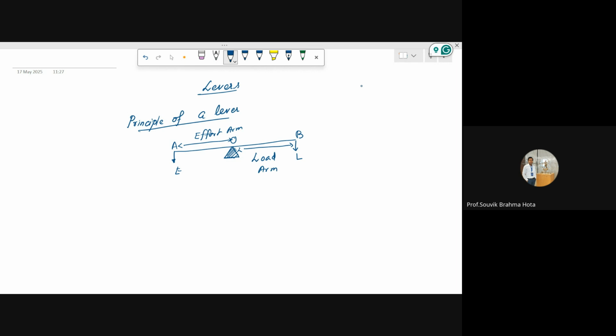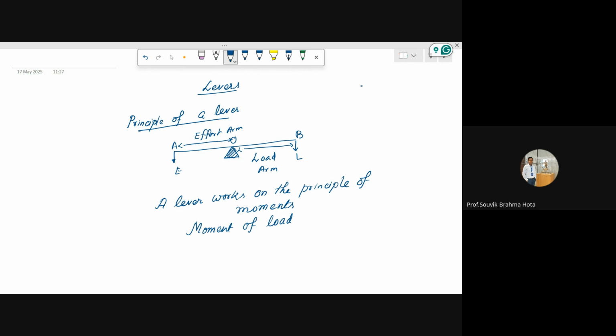And here, basically, a lever works on the principle of moments.